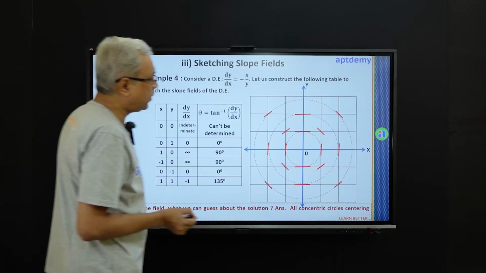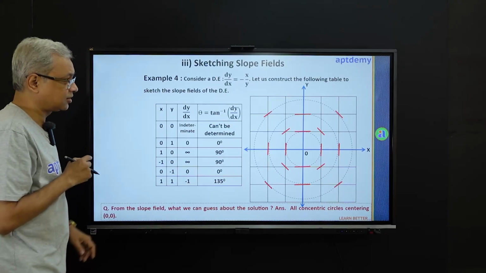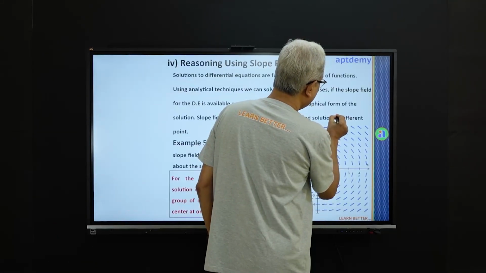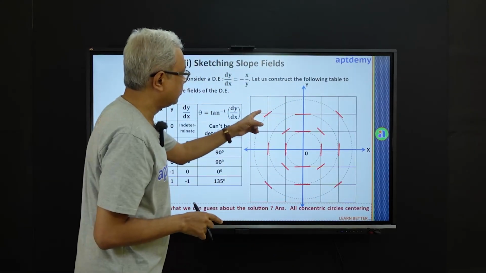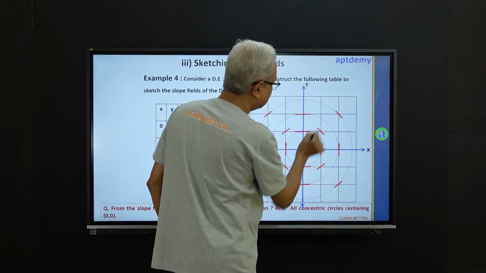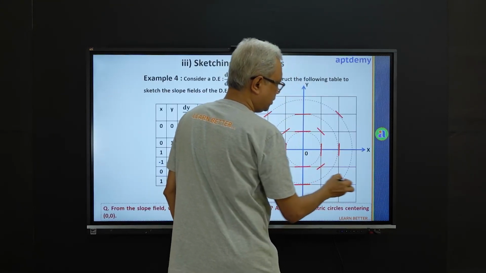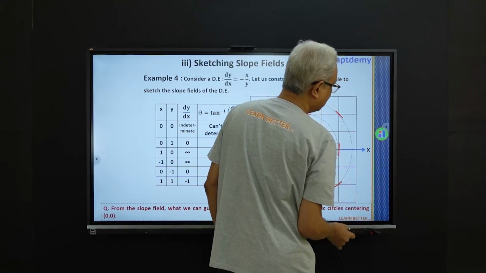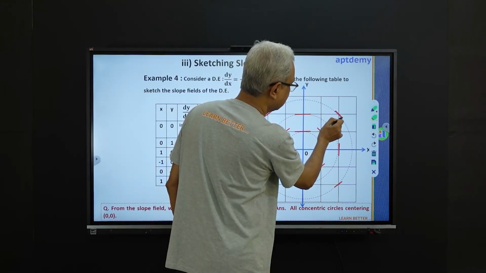And what this slope field indicates is that the solution of the differential equation will be such that if we draw tangents to the solution curve at these points, the tangents will be like this. At this point, the tangent will be like this, in this direction.